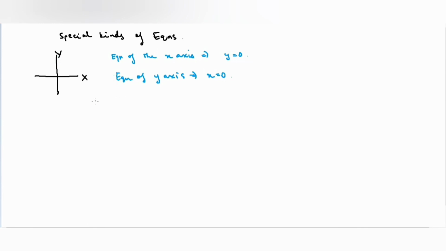Now a line parallel to the y-axis will have the equation x equal to a.